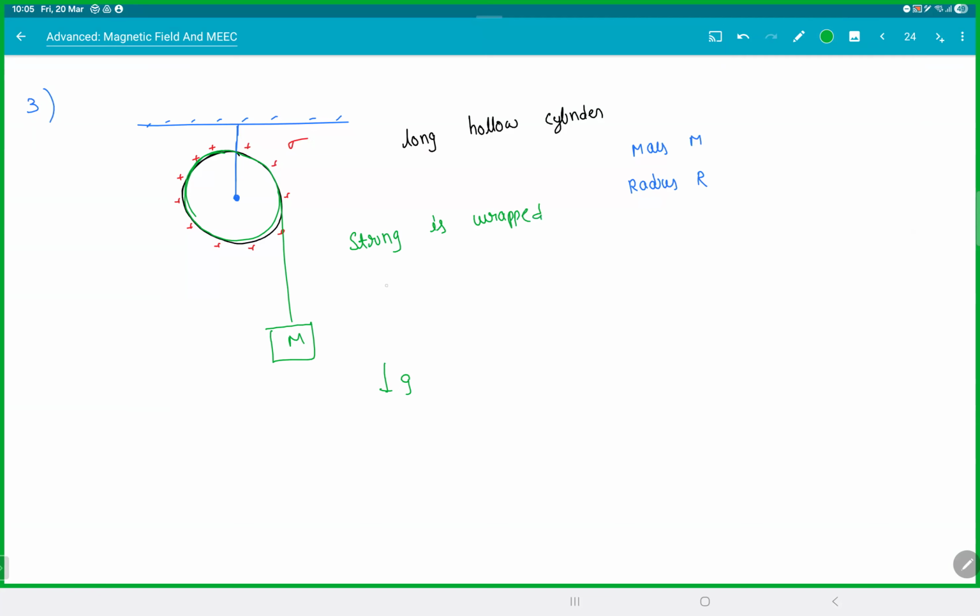The string is wrapped around the cylinder and released from rest. It's a long string, so don't worry, the string will never end. Find the acceleration of the block. As the block comes down, the cylinder starts rotating.